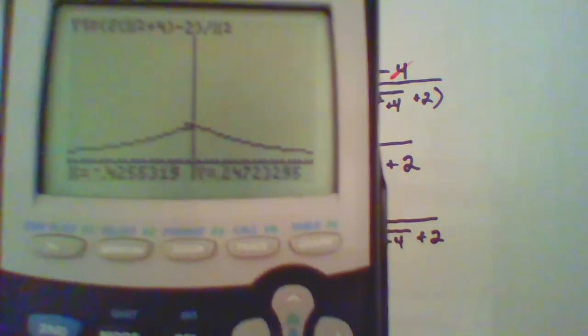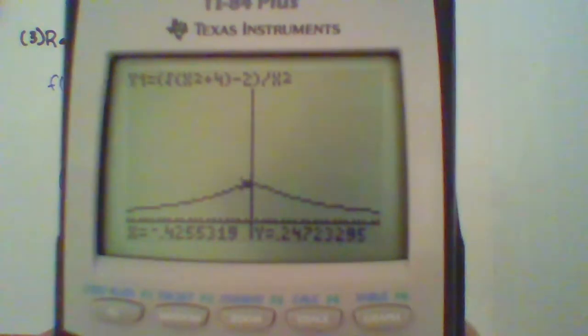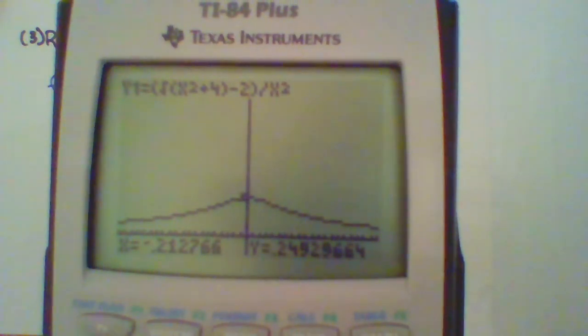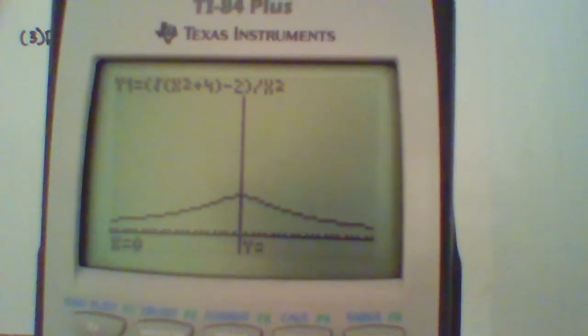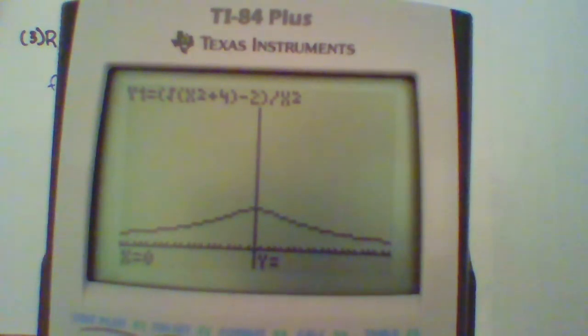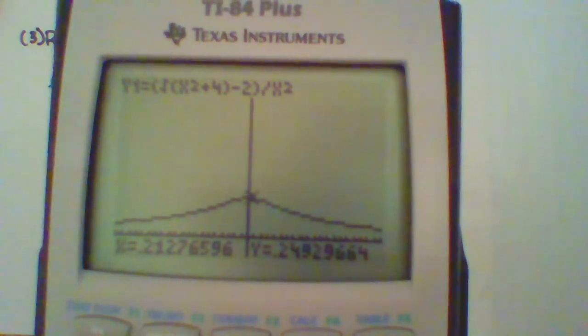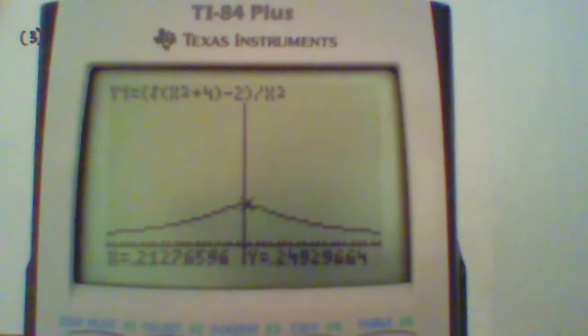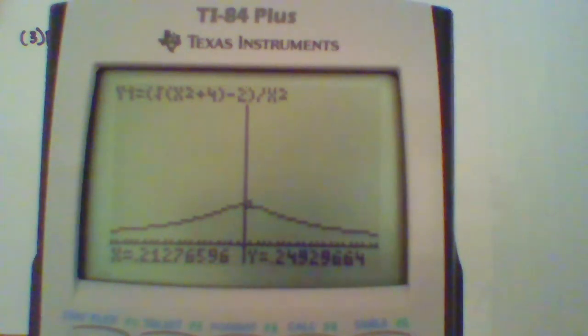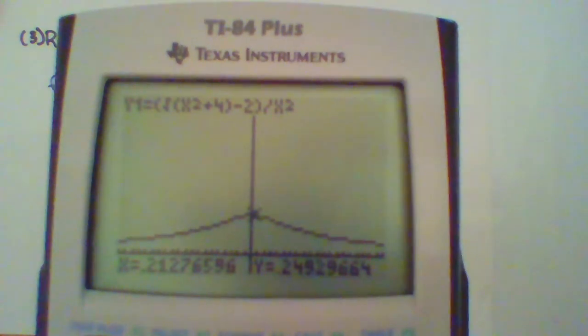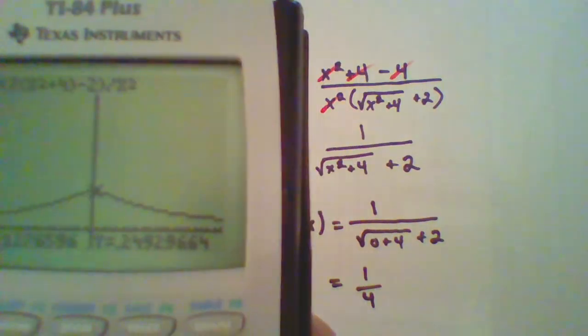Now, when I get exactly to x equals 0, you'll notice that there is no y, because the function actually isn't defined at that point. If I keep going a little bit, now we're at numbers that are close to 0.25. Okay, so this is some graphical evidence that the limit as x approaches 0 is 1/4.